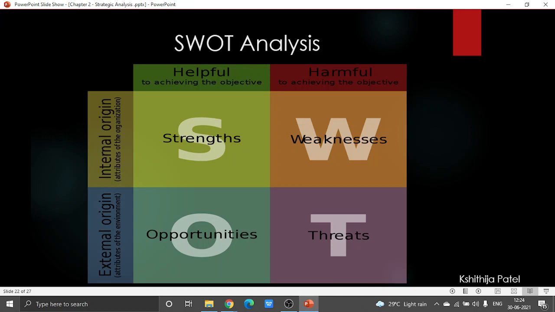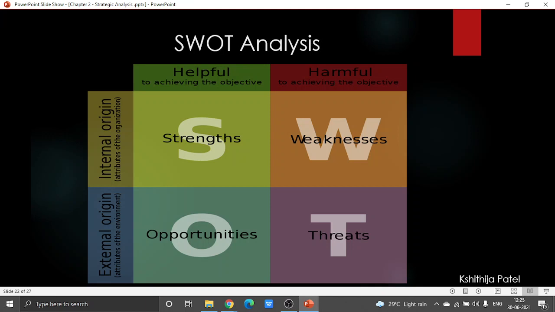The SWOT analysis is an instrument framework which we use in value-based management and also in strategy formulation. It provides the management with in-depth information about the strengths, weaknesses, opportunities, and threats for a particular company or organization.